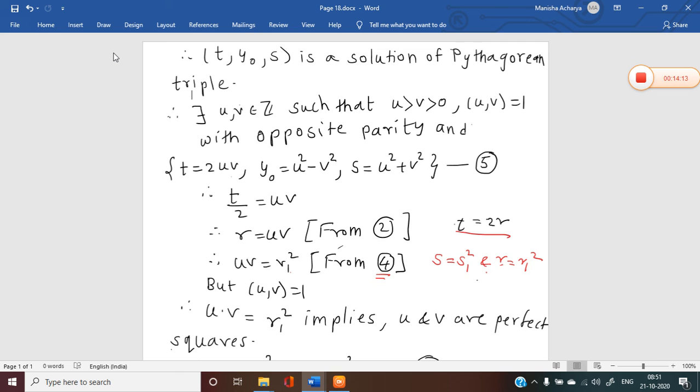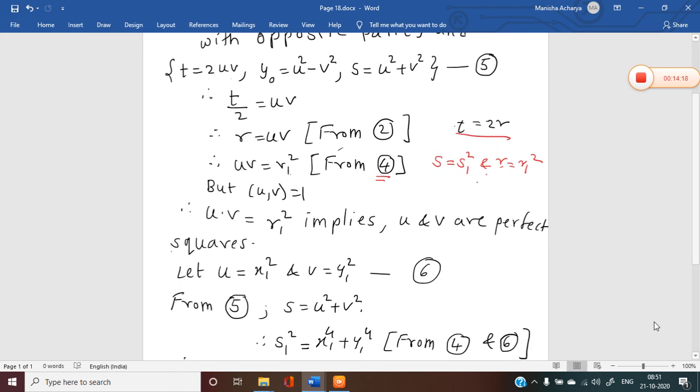Again we apply the same concept: u into v is equal to r1 square, but u and v are relatively prime, therefore u into v equal to a perfect square implies u and v must be perfect squares. So we define u is equal to x1 square and v is equal to y1 square. Now we have the values of u and v as perfect squares. Put those values in equation number 5.